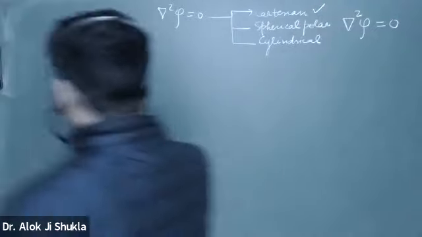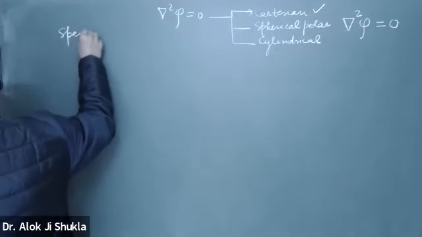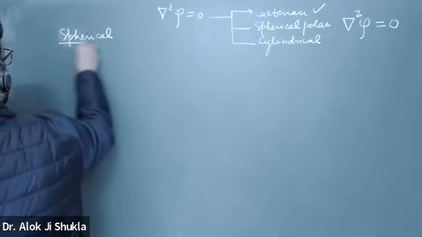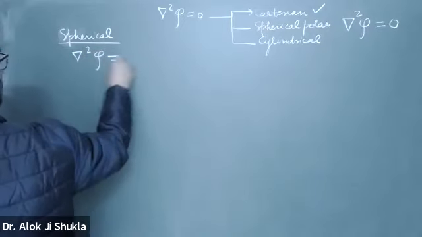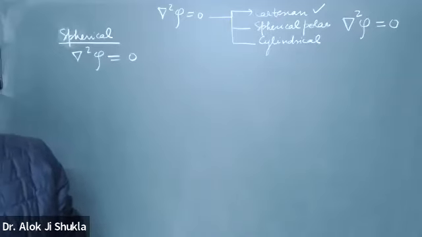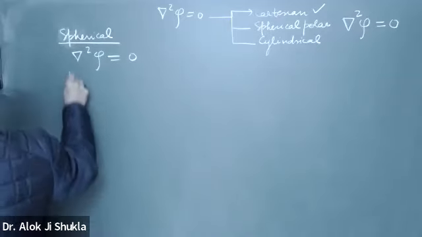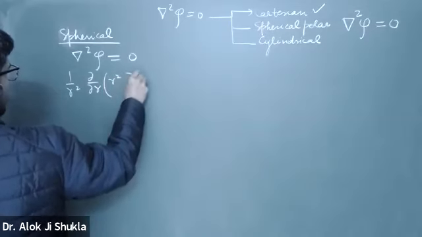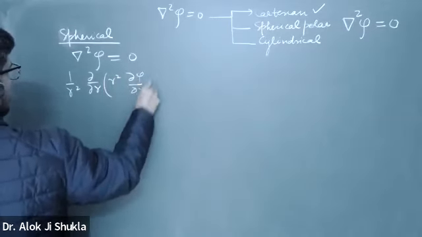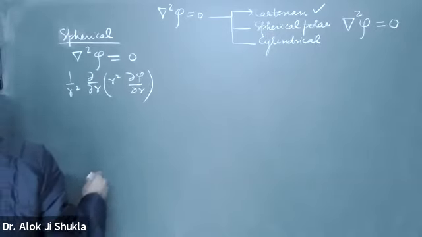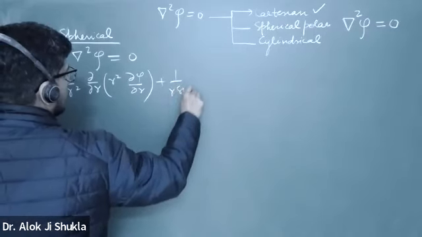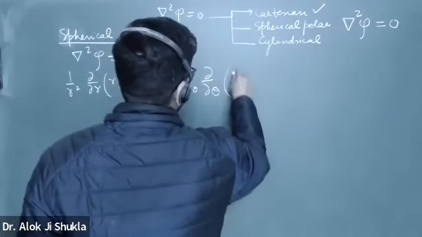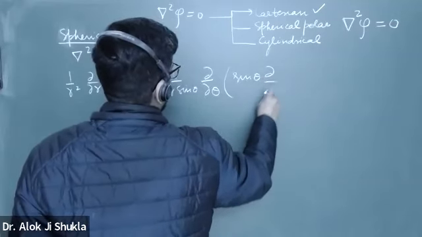So if I take the spherical polar coordinate system, then del square phi is equal to 0 can be written as the Laplace equation like this: 1 by r square del by del r of r square del phi by del r, the potential, plus 1 by r square sine theta del by del theta of sine theta del by del theta.